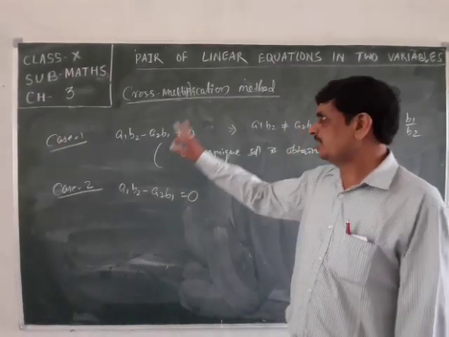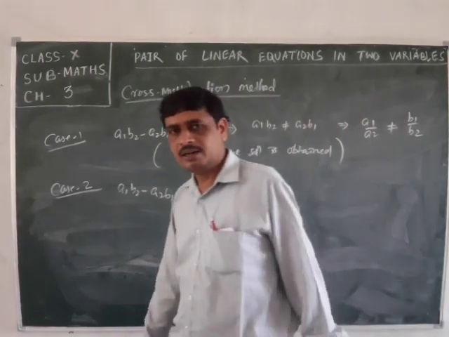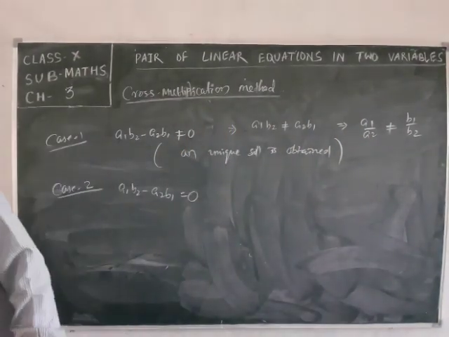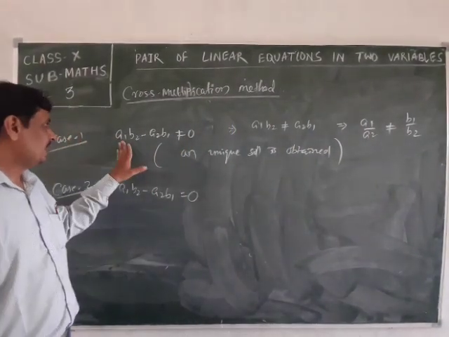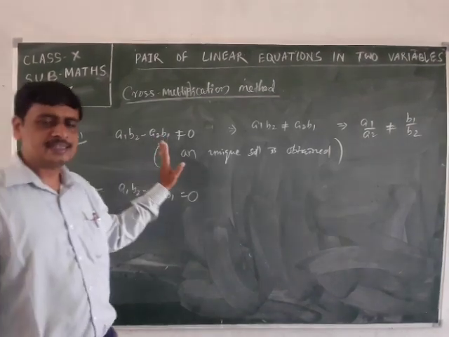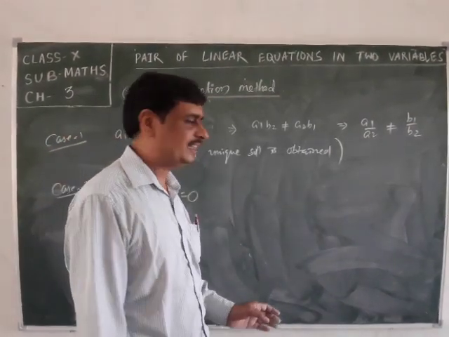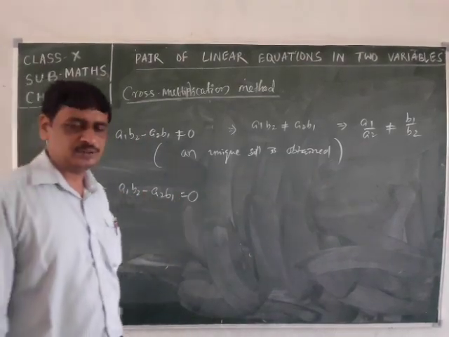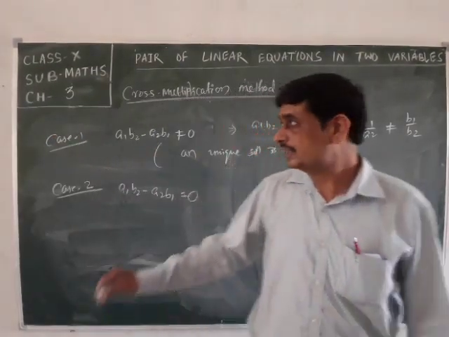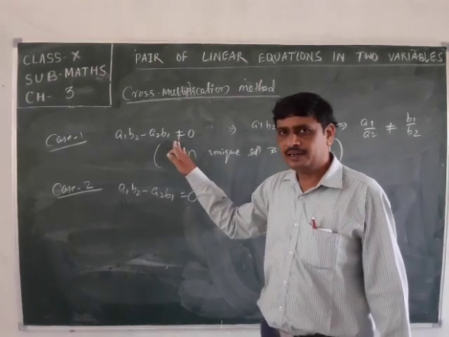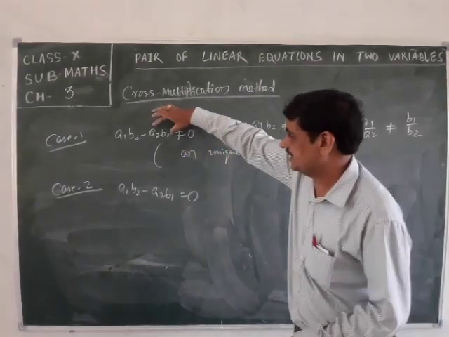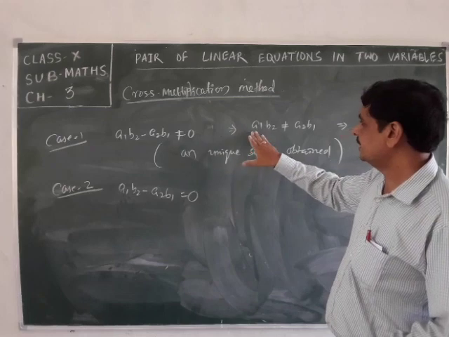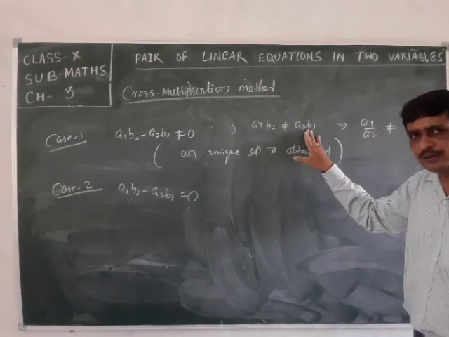In the cross multiplication method, we will come across two situations. First, when a1 b2 − a2 b1 is not equal to 0, and second, when a1 b2 − a2 b1 is equal to 0. If a1 b2 − a2 b1 is not equal to 0, then by taking this term to the right, a1 b2 is not equal to a2 b1.